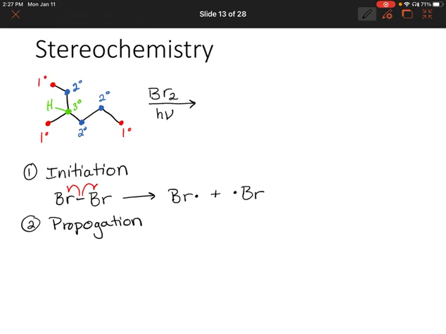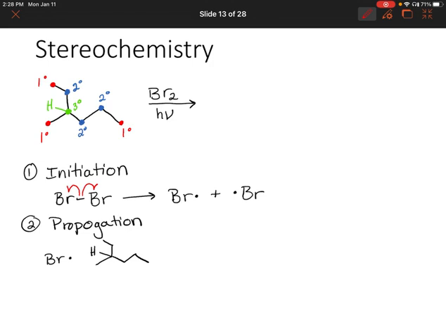Okay, so we just determined that the green hydrogen will be abstracted through hydrogen abstraction.